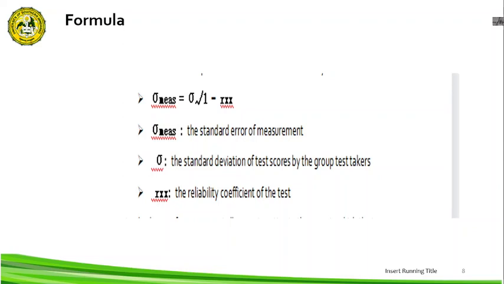If the standard deviation for the distribution of test scores is known, an estimate of the standard error of a particular score can be determined. The standard error of measurement is equal to the standard deviation of test scores by the group of test takers times the square root of 1 minus the reliability coefficient of the test.